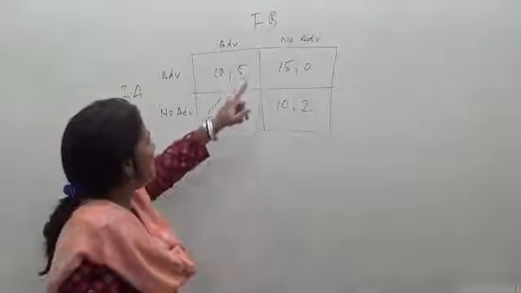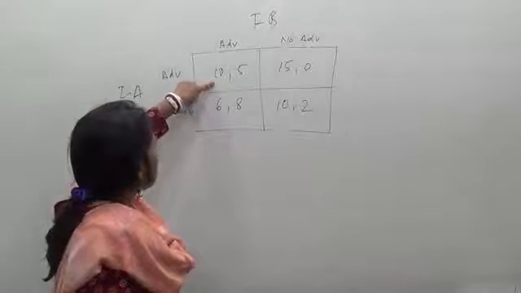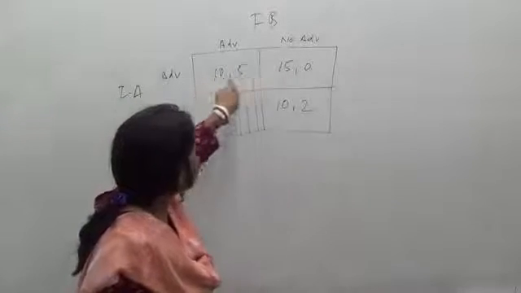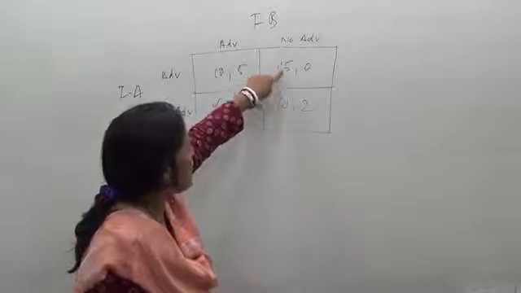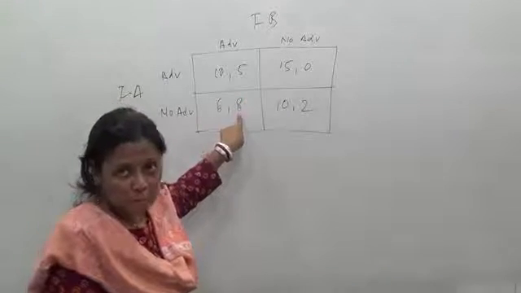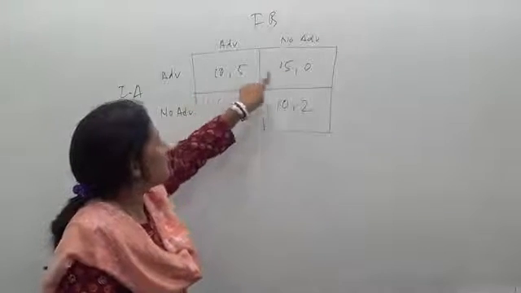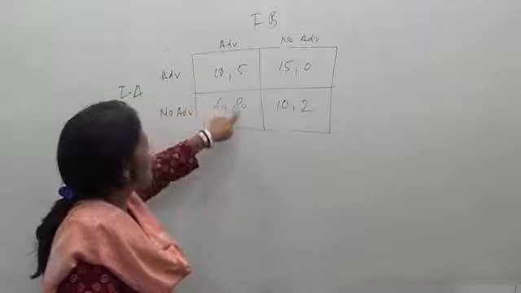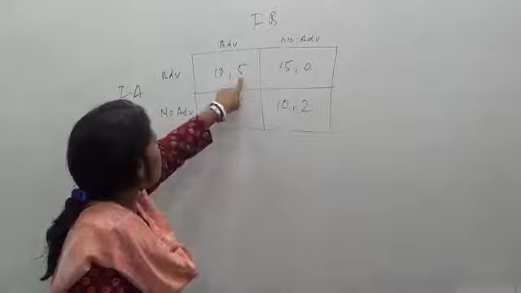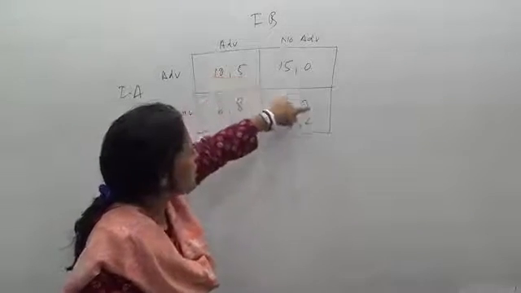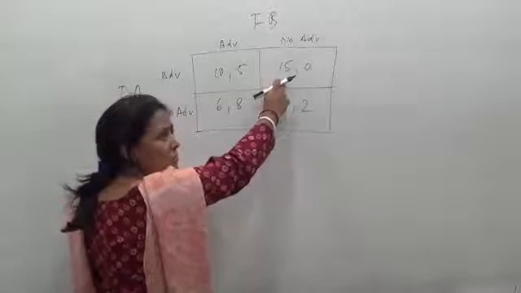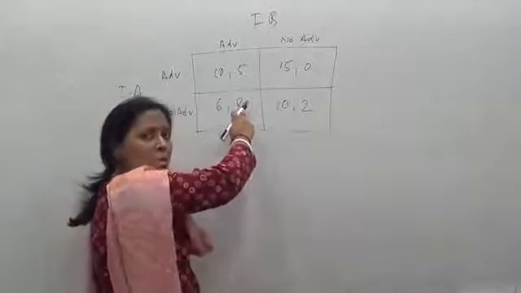So in this, here we are advertising and here we are not advertising, and again with advertisement, 10 and 15, this is again the best solution for A. So 15 is the best solution for A and 8 is the best solution for B. Now 15 is the one and 10 is the one where both are advertising, and for B we can say that 8 is the best situation in which it is advertising, and 5 is the next best. 0 and 2 are the worst ones. So 10 and 15 is with advertisement for A, and 8 and 5 is also with advertisement for B.